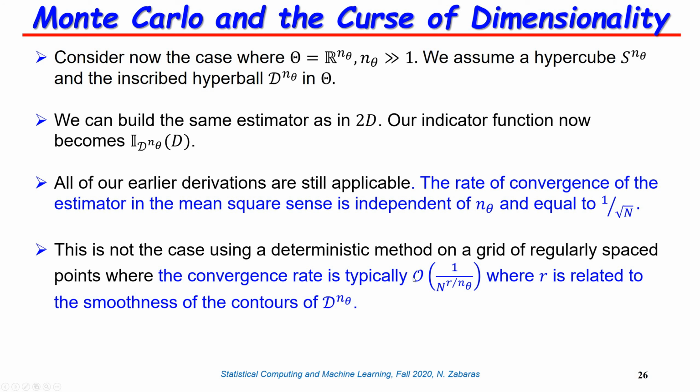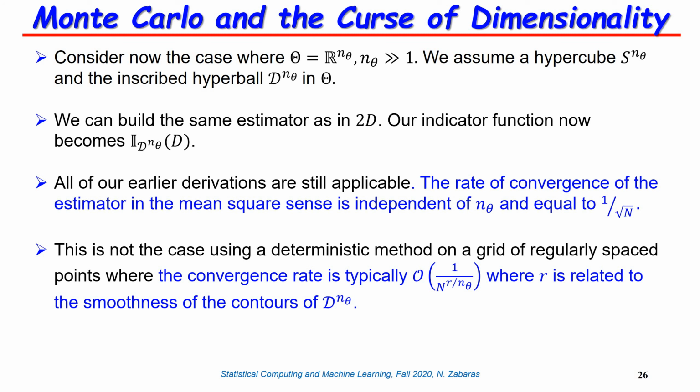You can see the order of convergence is 1 over n to the power r divided by n_theta, where r in general has to do with the smoothness of the hypersphere, or whatever sub-region inside this hypercube you're looking at, okay? And n_theta has to do with the dimension.